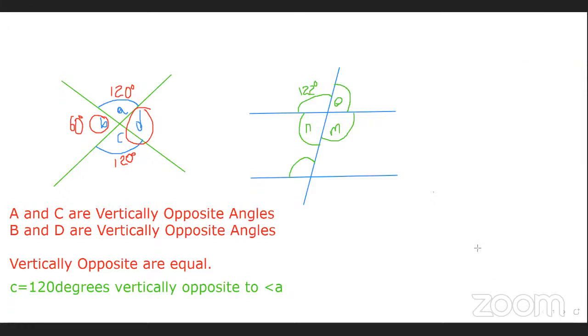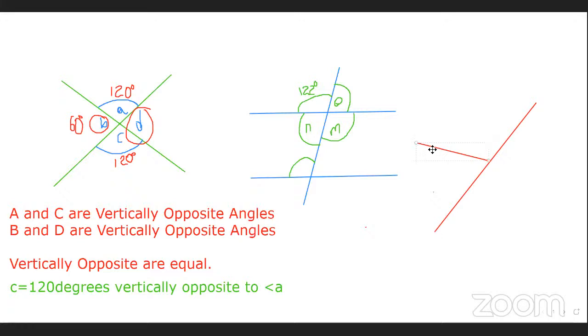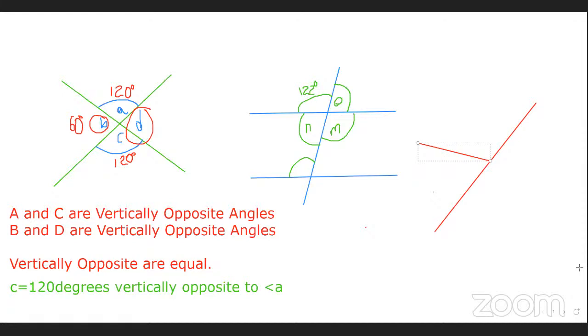Because the circle measures 360, Miss. Is there a simpler answer than that? Okay, go ahead, I see where you're getting at.